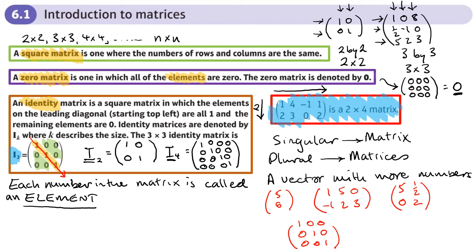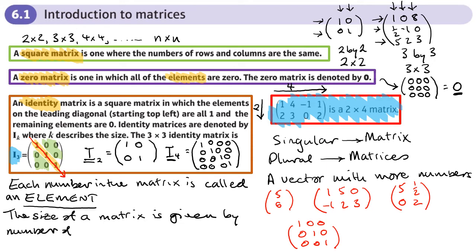So when we describe the size of a matrix, it is given by the number of rows and the number of columns. That one highlighted in blue had 2 rows and 4 columns.